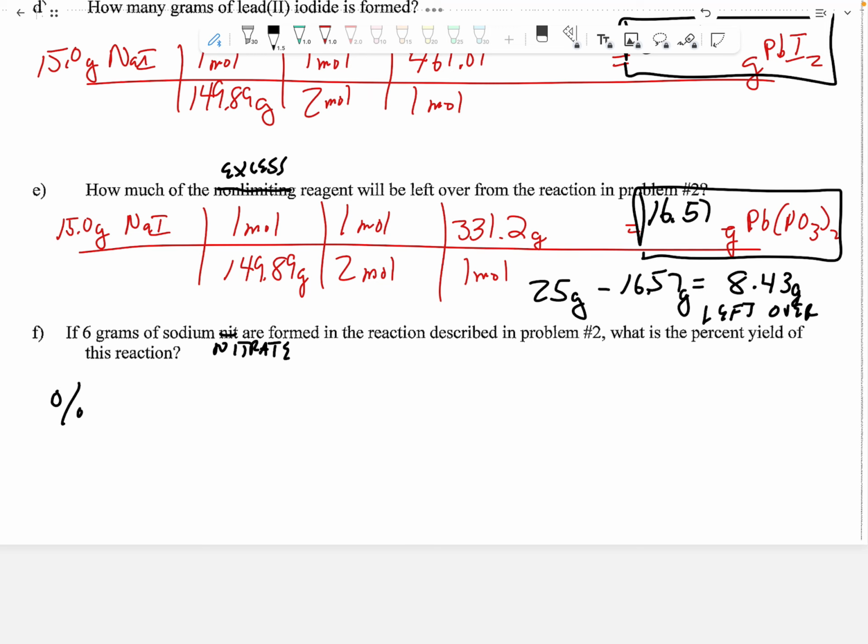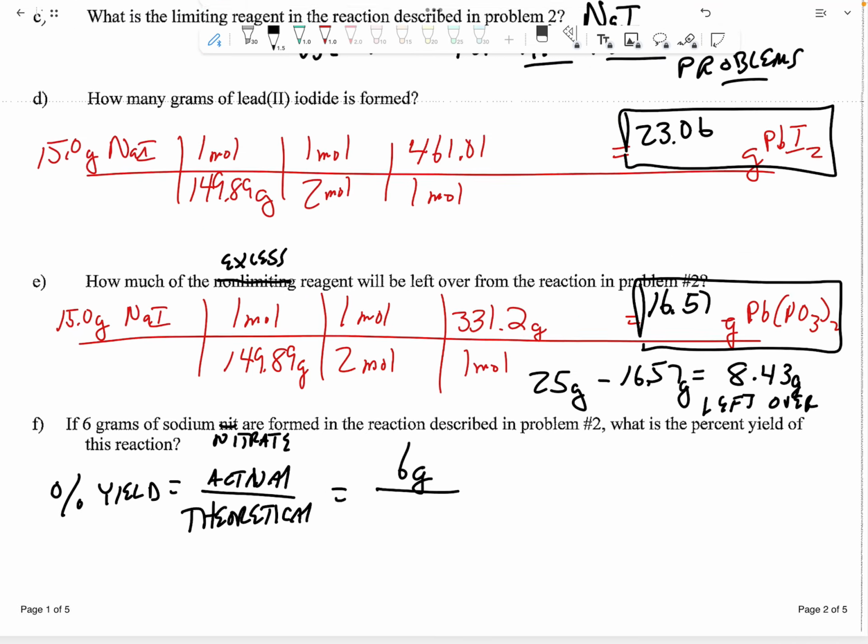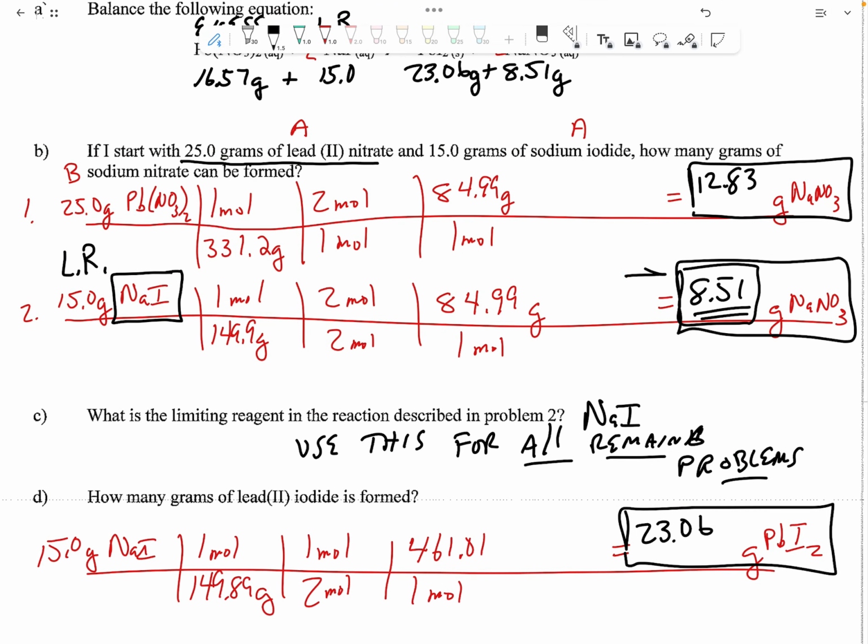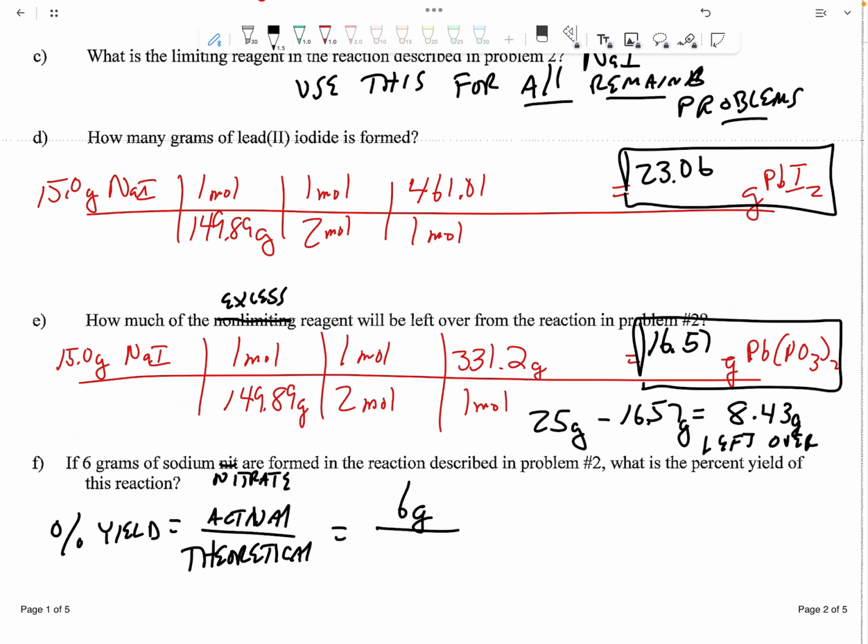Well, percent yield is your actual over your theoretical. And our actual happens to be the 6 grams from the problem. The theoretical is what we calculated, and we calculated 8.51 grams of the NaNO3.